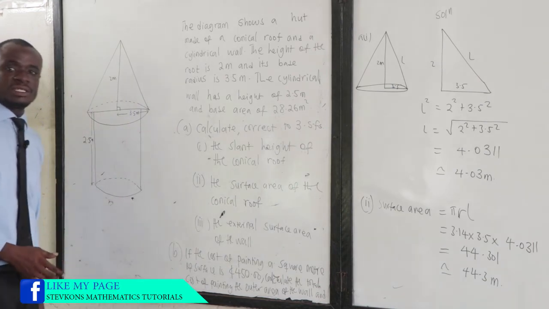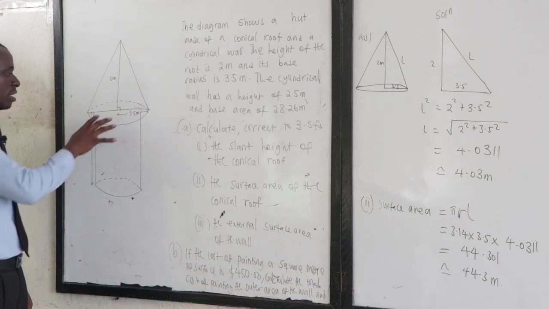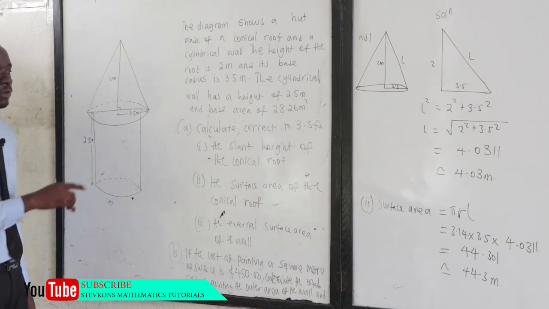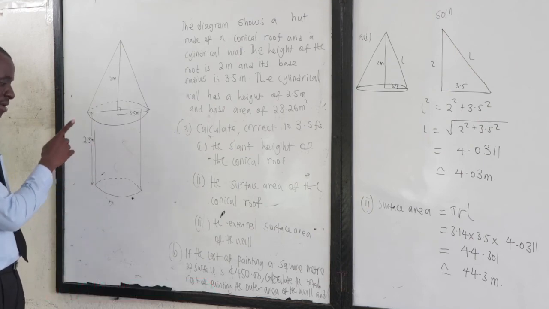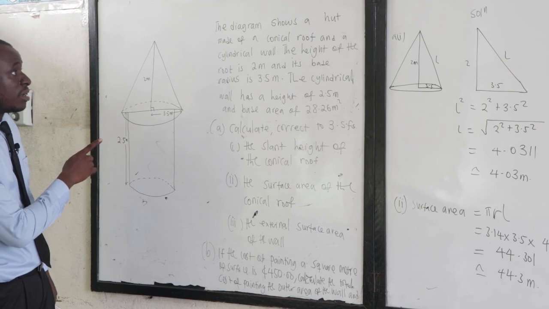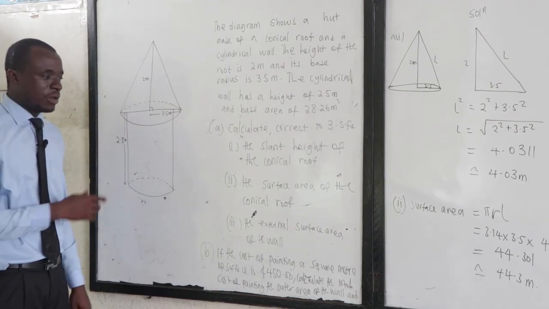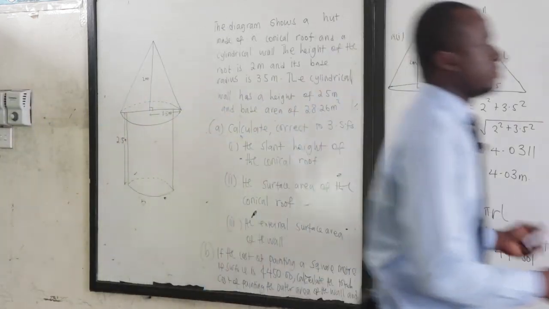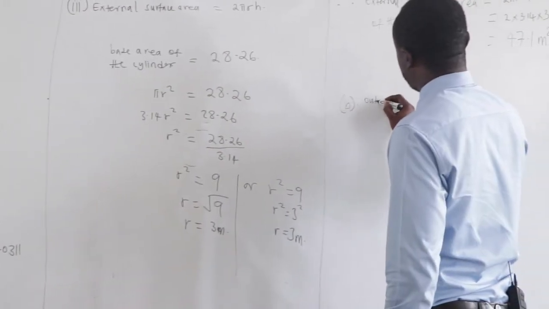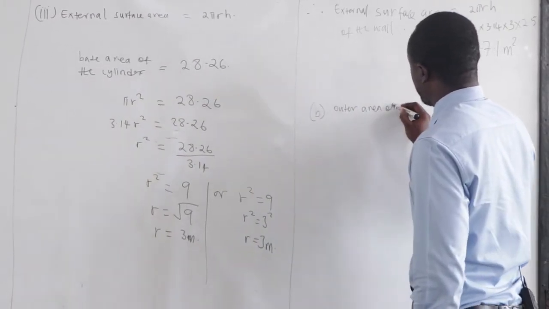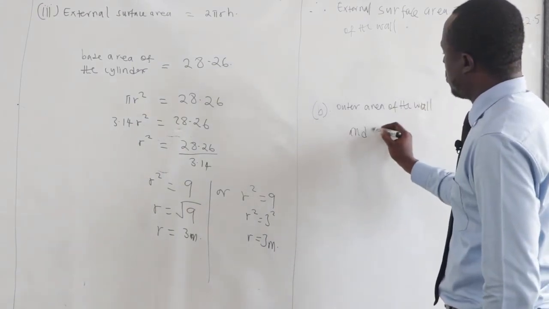We want to paint the external, that is the outer area of the wall, which we have found, and also the roof of the hut, which is the surface area of the cone that we have found. So clearly, that part, the outer area of the wall and the roof.